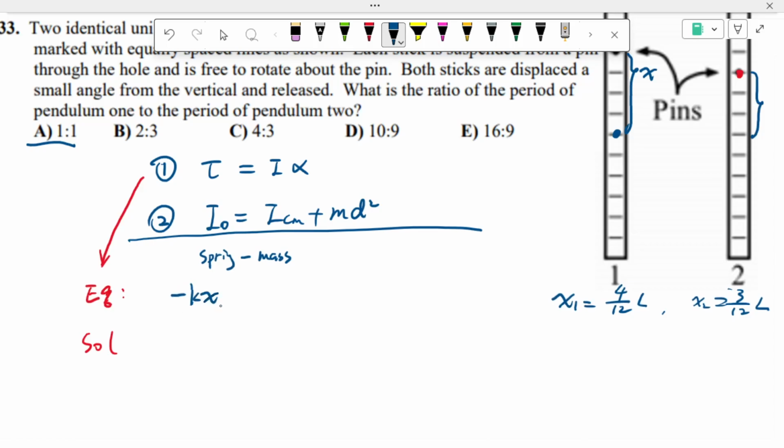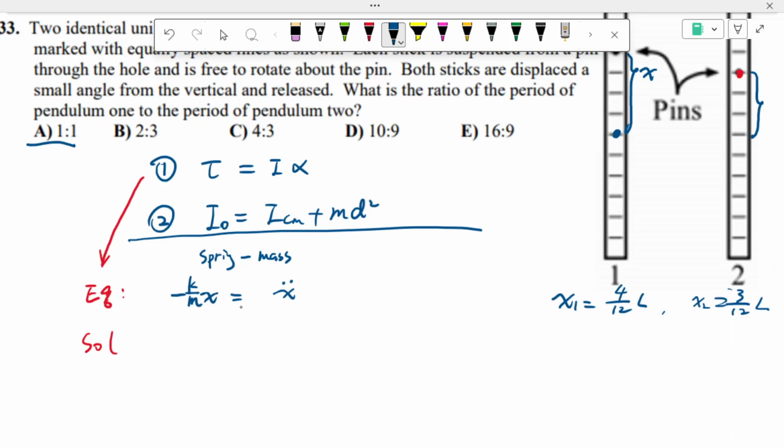So we have minus kx equals ma. We ignore all the frictions, right? So we have ma, where a equals the second derivative of displacement with respect to time. If we move m to the left, we have k divided by m. So what is the solution?